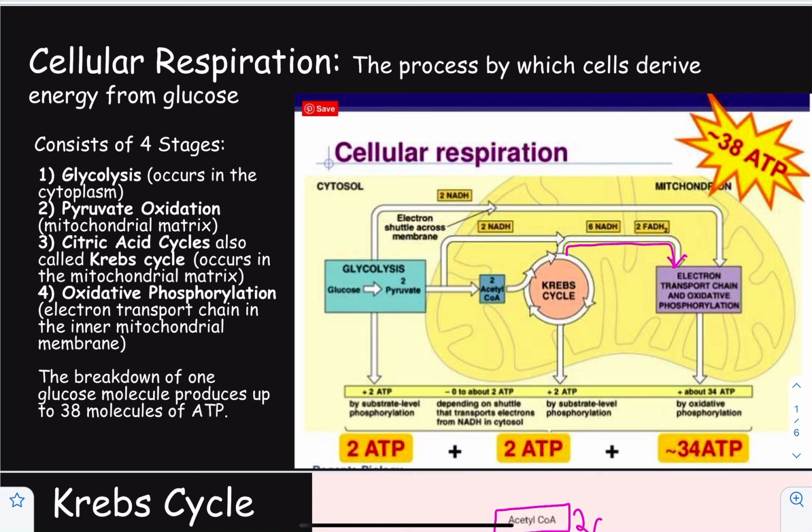You will see here that you got 2 ATP from glycolysis, 2 NADH from glycolysis, 2 NADH from pyruvate oxidation, and 6 NADH from the Krebs cycle, and 2 FADH2 from the Krebs cycle as well.